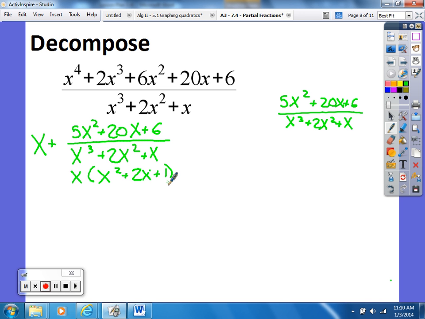Does that factor further? Into what? So x plus 1 and. So how do I write that though? So, wait, this is what we did yesterday, exactly, right? Okay.